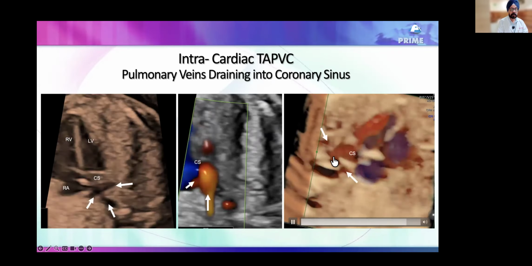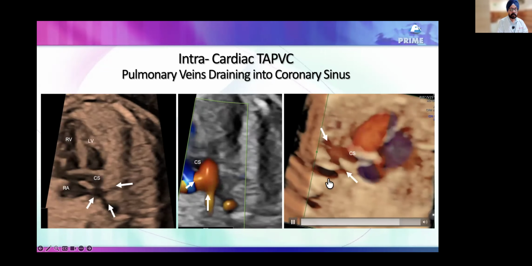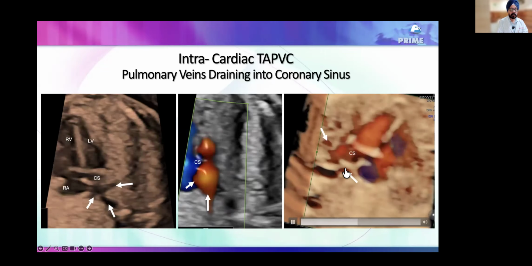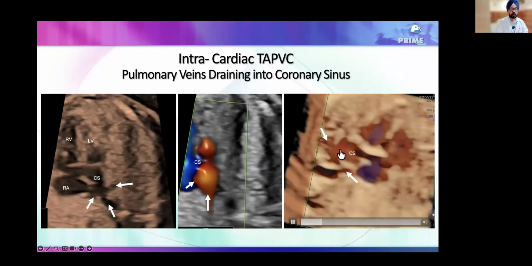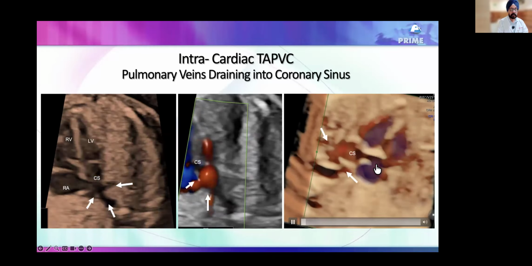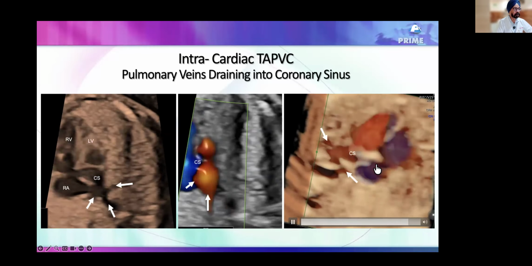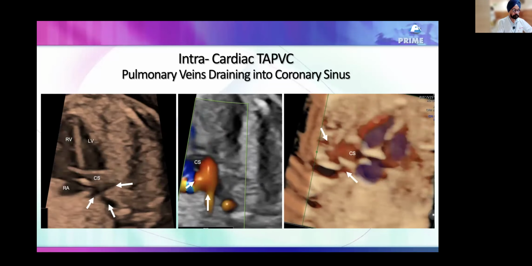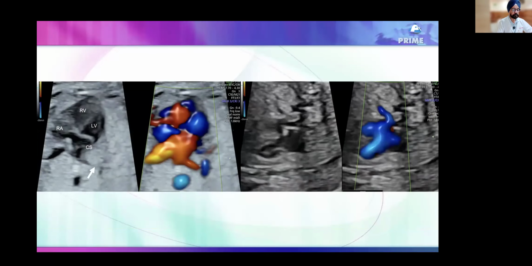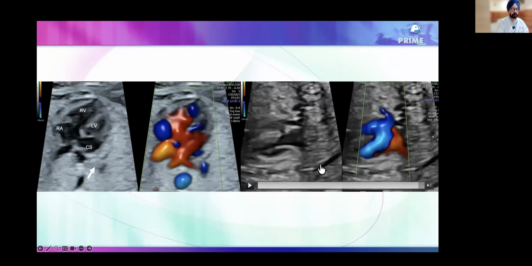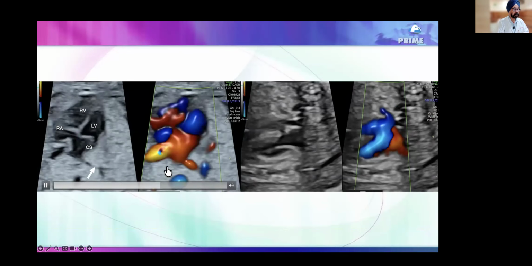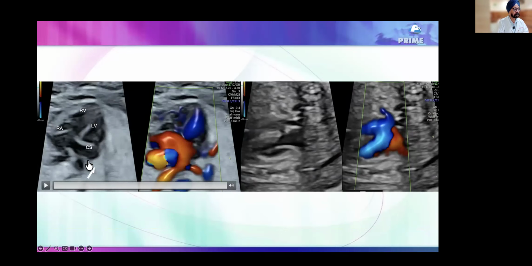The coronary, you could see crossing in front of the aorta, one vessel and another vessel, pulmonary vein, opening into the coronary sinus, finally opening into the right atrium. Oh, that sequence is a little off. Anyway, I'll stop this. So that is the same patient.